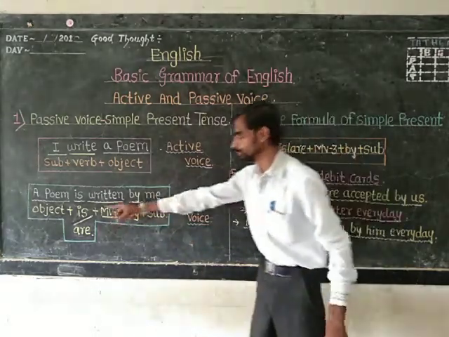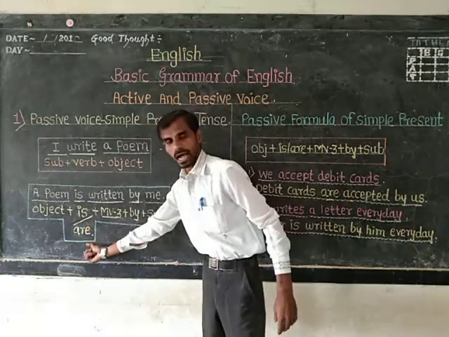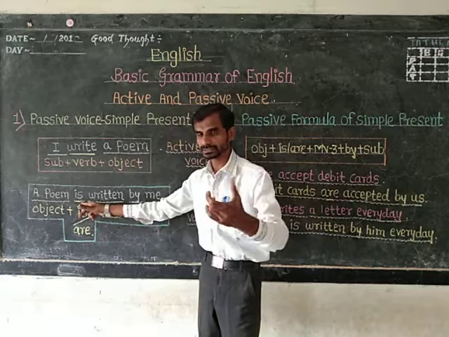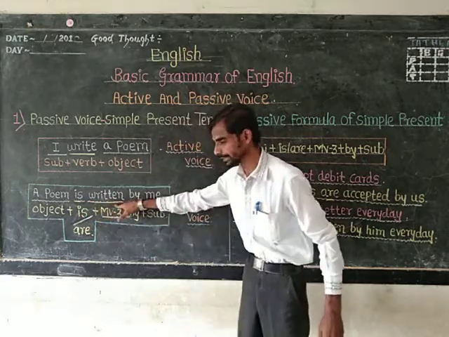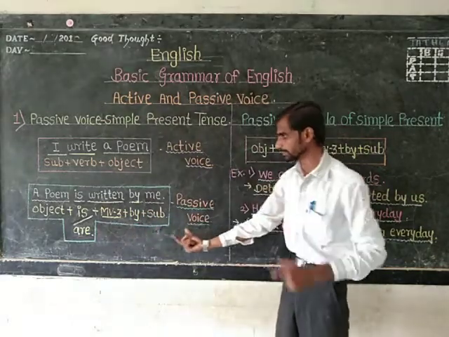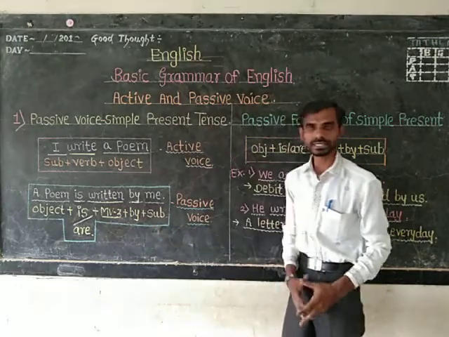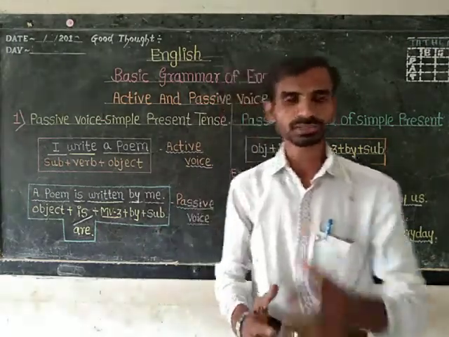Once again, object, that is a poem, is or are, we have used is, main verb 3, it is written, and by to connect the subject of the sentence, and later me, and that is known as the subject of the passive sentence.